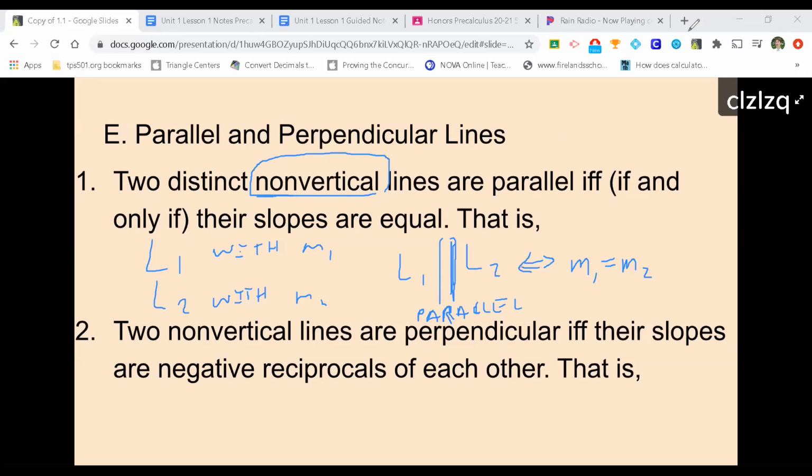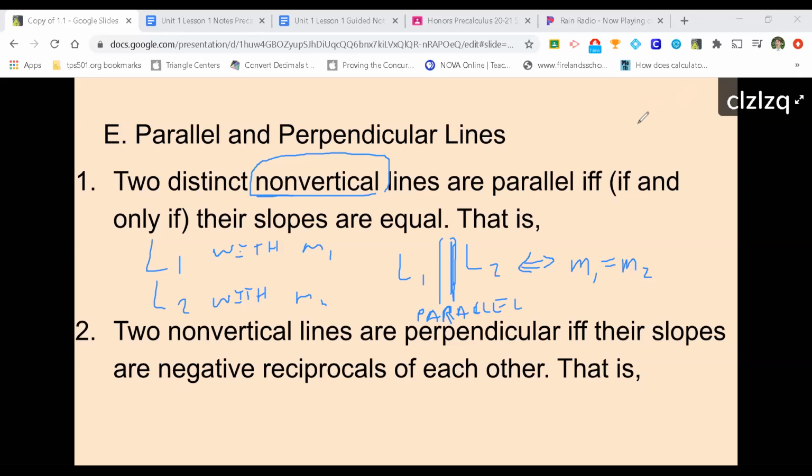Chat? Vertical lines don't have slope. That's right. Remember, vertical lines, their slopes are undefined. So they can't be equal. Sneaky. Very good. So we would say if two lines have undefined slopes, then they are parallel as well. Isn't that wild? That's fun. Okay, that's why. That was worth it.